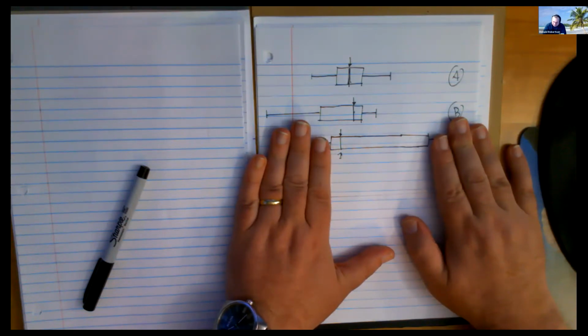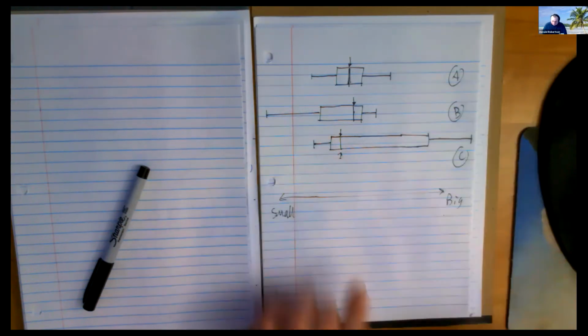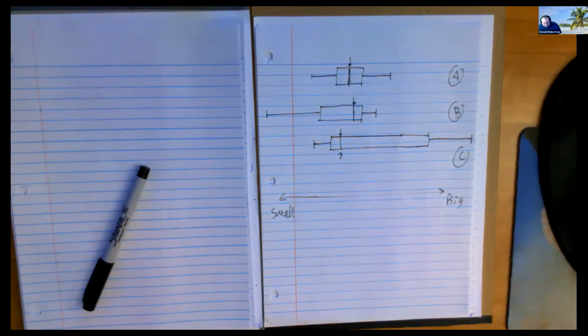And isn't the measure when you use these called the interquartile range? The longest box has the biggest variation, because it's going to be the biggest number, Q3 take away Q1. So in this story, won't C have the greatest amount of variation?